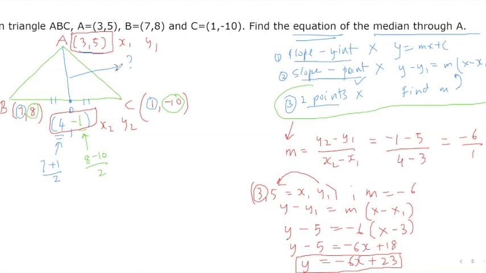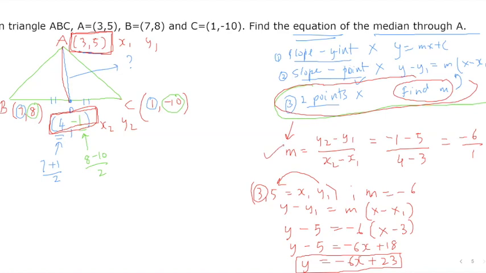So after we found the coordinates of the median, for this particular line you had 2 points, right? The ones that I've made a red box around. And then we use the 2 points method. If you are given 2 points, then you can find the equation of a line. First, you find m, that's the slope, and that's what we did here.